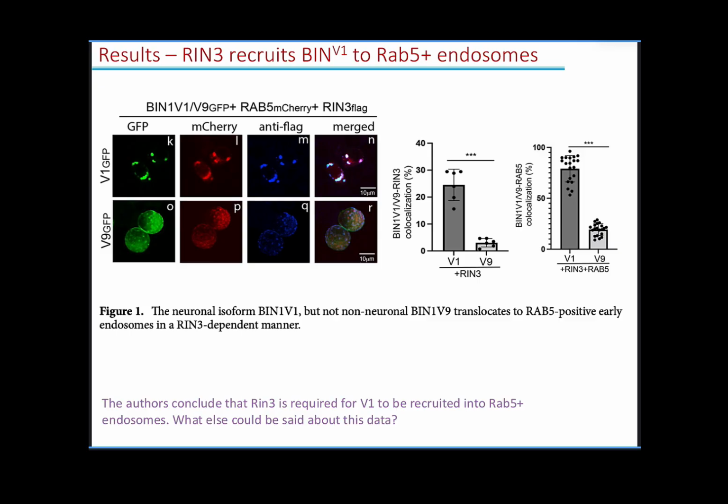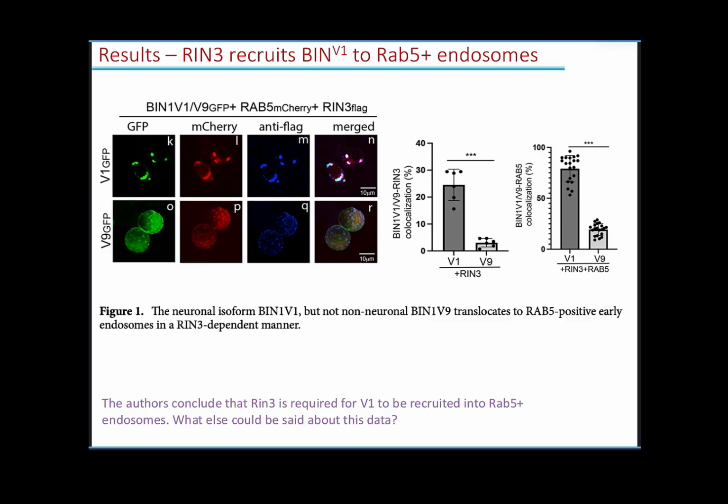I copied the legend to the figure showing this data from the paper directly because it's pretty explicit and self-explanatory. It says the neuronal isoform V1, but not V9, translocates to RAP5 positive early endosomes in a Rin3 dependent manner.